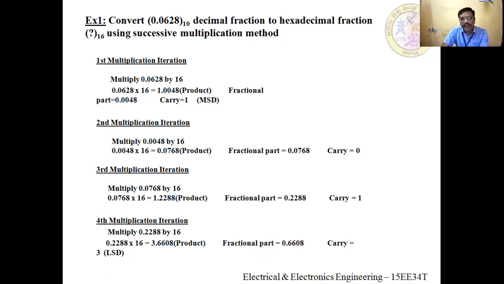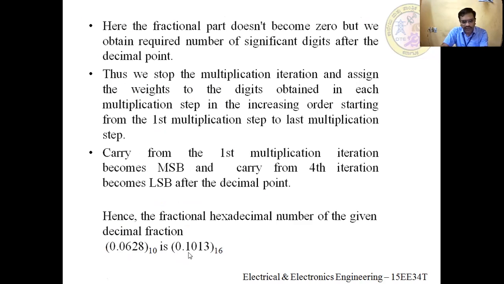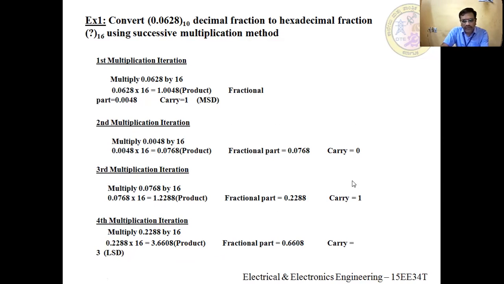Okay. So the answer for this question is 0.1013. I'll write here 0 point, because the answer will be after the decimal only.